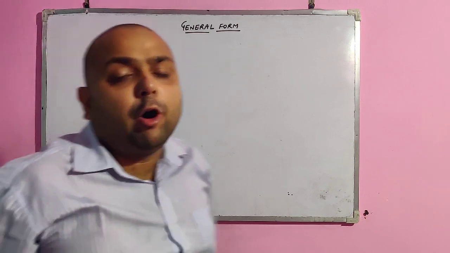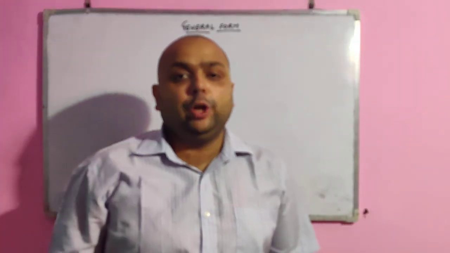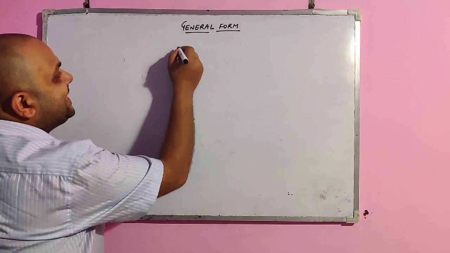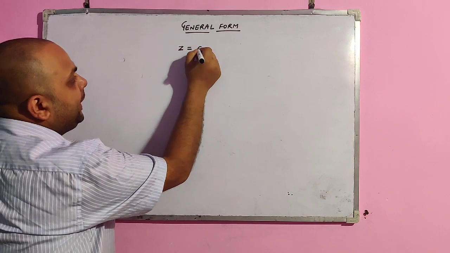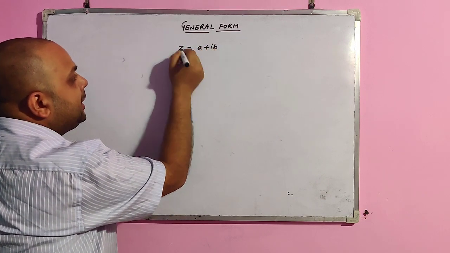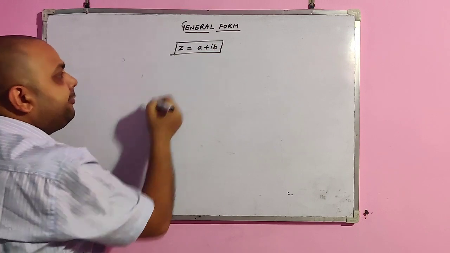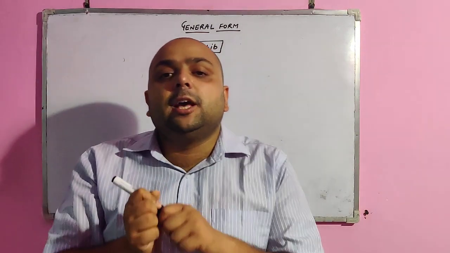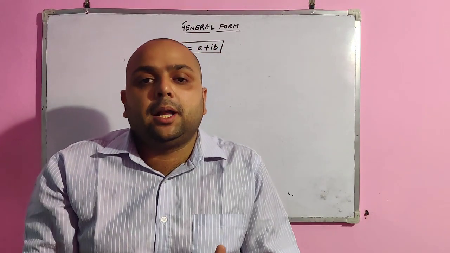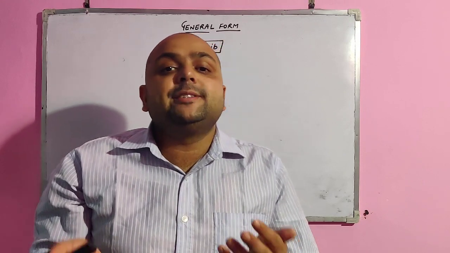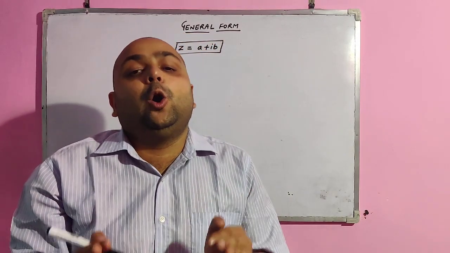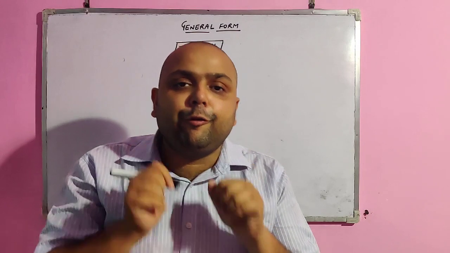Starting with the general form of the complex number, we all know that z is equal to a plus iota b is the general form, where a is the real part and b is the imaginary part. Now we are doing some questions to understand how we have to write the general form.